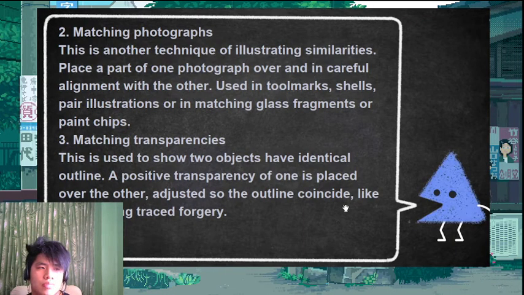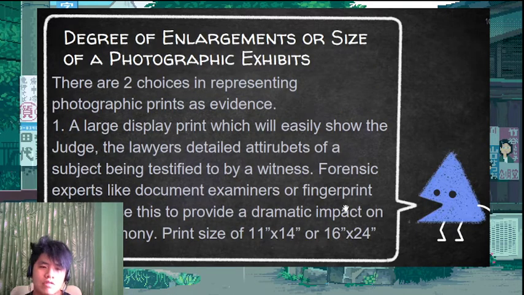Ito yung mga photograph ng totoong exemplars na signature, at ito yung forged signature at ipa-place nila over sa mga exemplars, at hindi nagmamatch. That is matching transparencies.